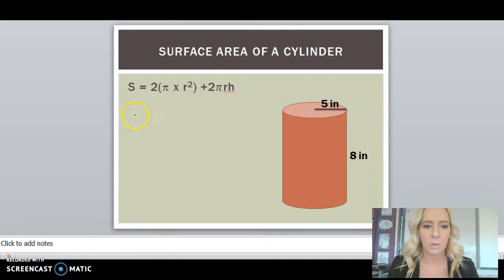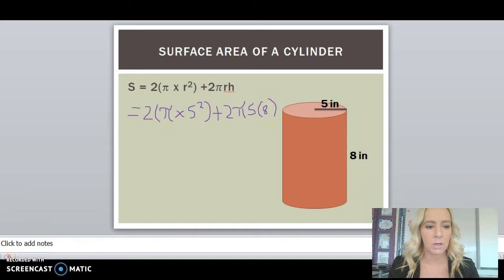So surface area equals 2 times pi, or 3.14, times my radius, which in this case is 5, squared, plus 2 times pi, or 3.14, times 5 times 8. And I'm going to put 8 in parentheses so it doesn't look like 58.